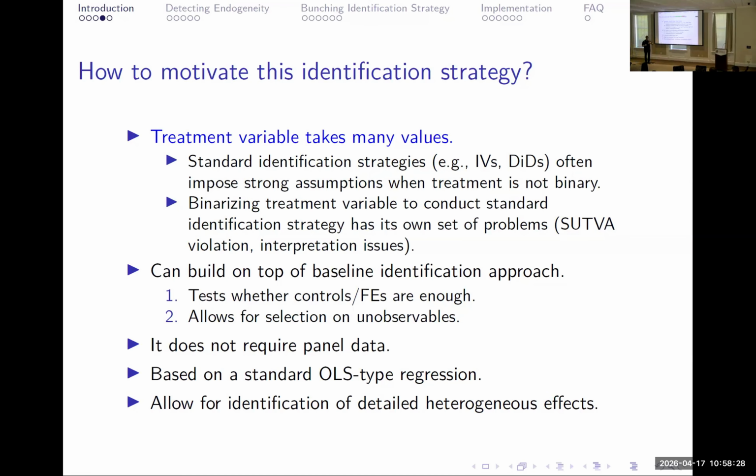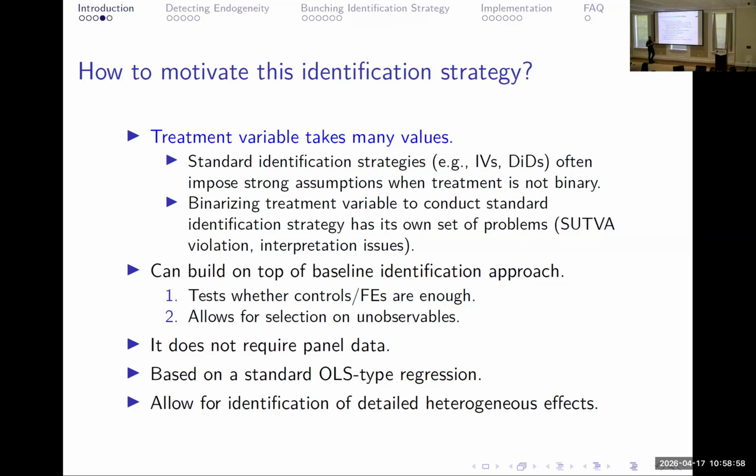You can test either the selection on observables if you're making that assumption, or you can test the selection on unobservables if you're making a two-way fixed effects approach. And let's say that you detect endogeneity even further. You realize that those assumptions are not met. Then actually you can build an identification strategy based on bunching, where you can now control for unobservables beyond those observables in the case of selection on observables, or beyond those fixed effects in the case of two-way fixed effects.